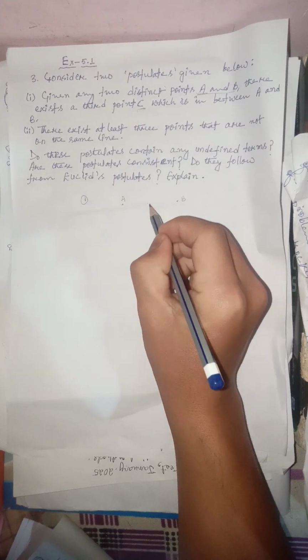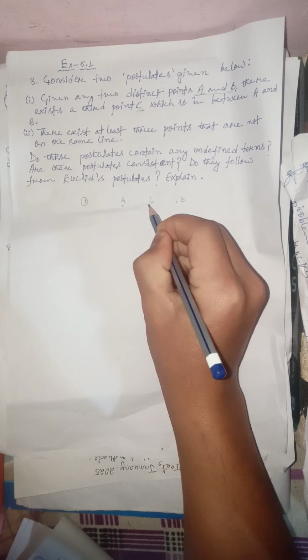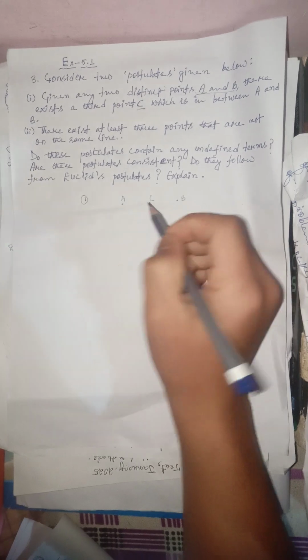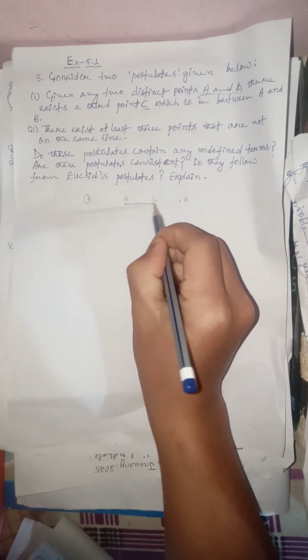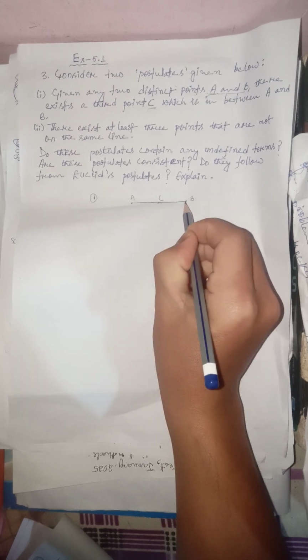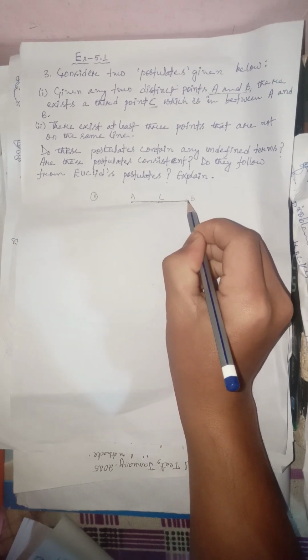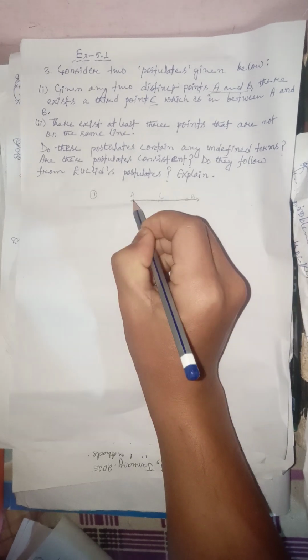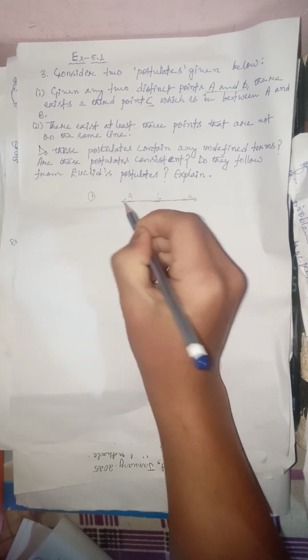It is point C. Then after that, if you join these, you will get a line. So this is the first part, in which there are two distinct points, one A and one B, and in between these two points there lies some point.